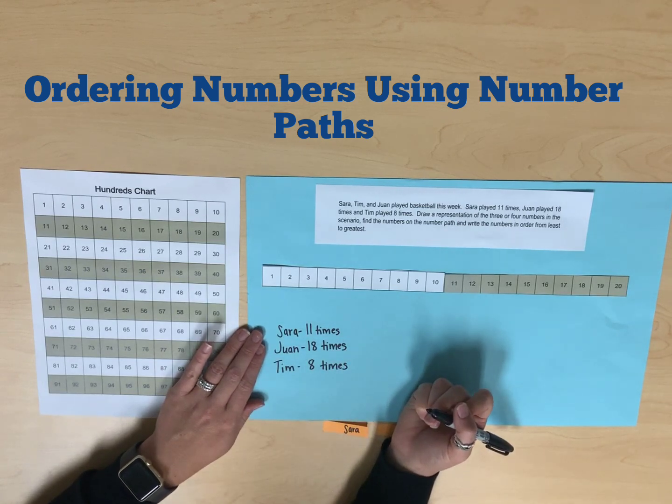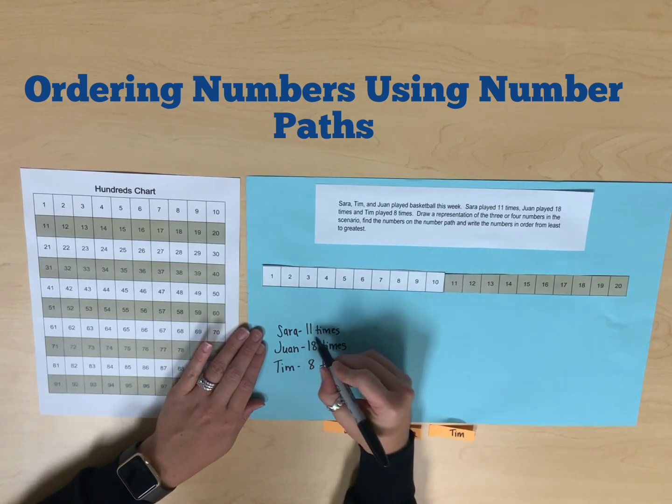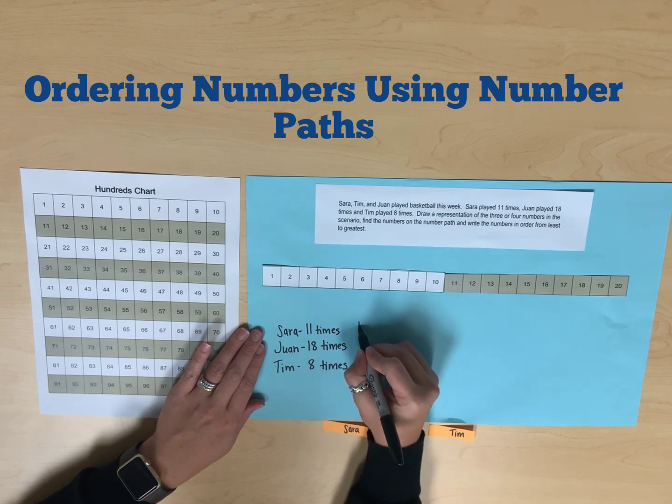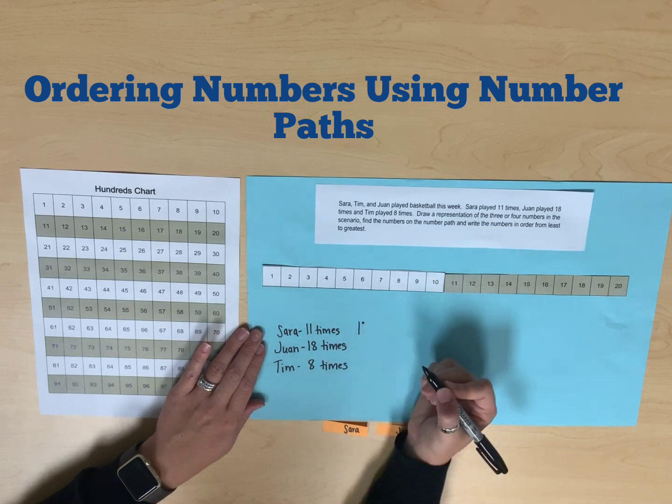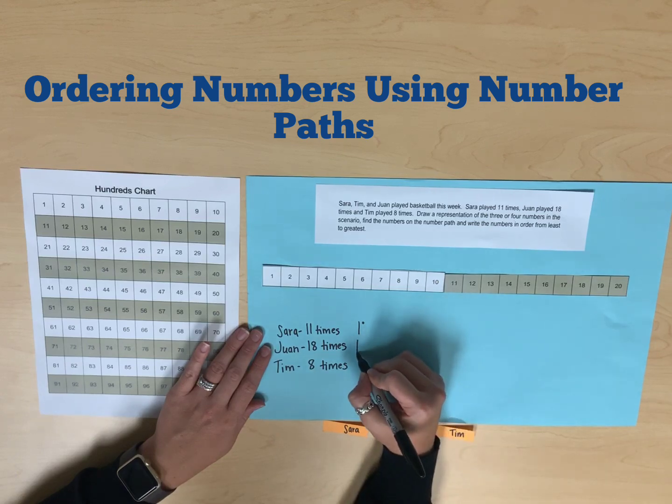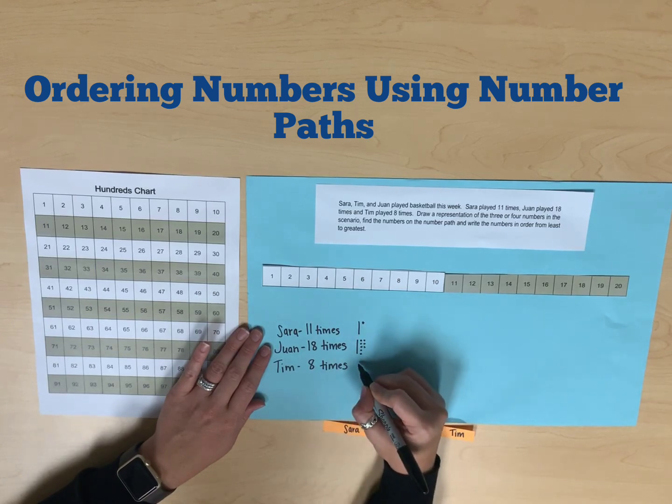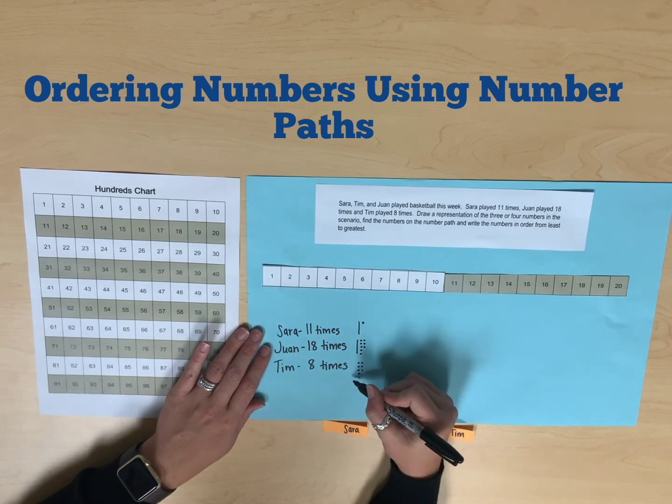Let's draw a representation of these numbers. 11 has 1 10 and 1 1. Juan played 18 times, 1 10, and 8 ones. Tim played 8 times. There are no 10s and 8 ones.